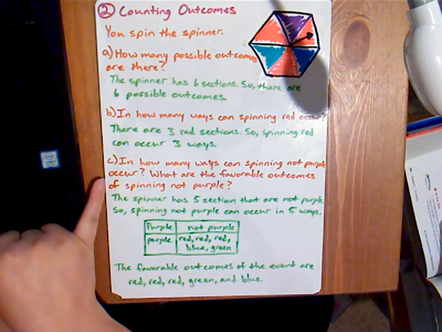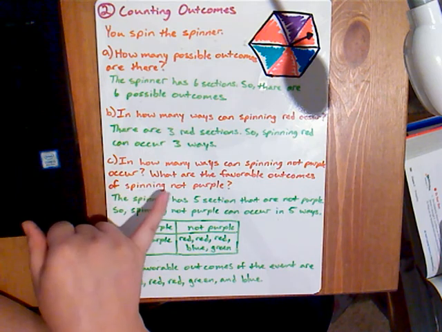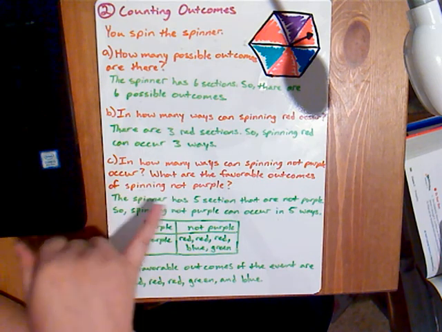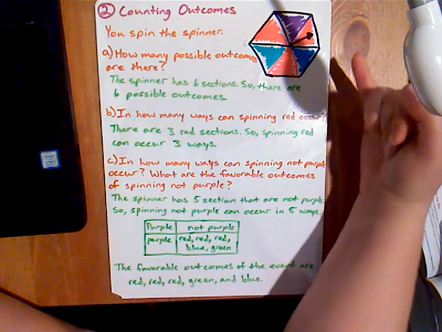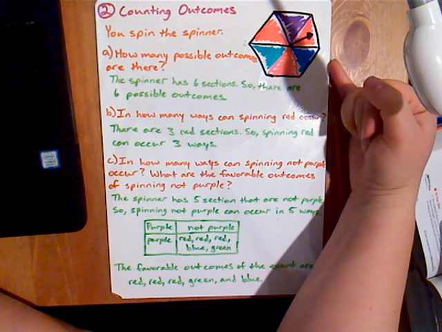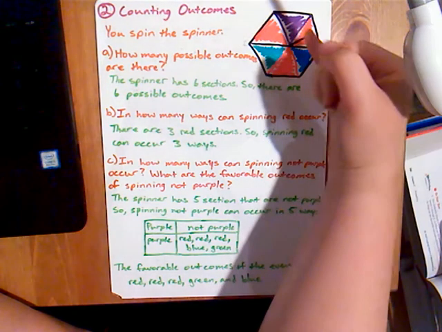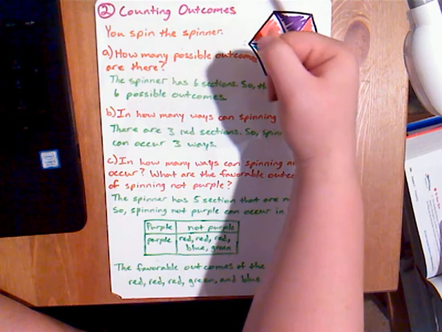And then letter C wants to know, in how many ways can spinning not purple occur, and what are the favorable outcomes of spinning not purple? Our spinner has 5 sections that are not purple, so spinning not purple can occur in 5 different ways.